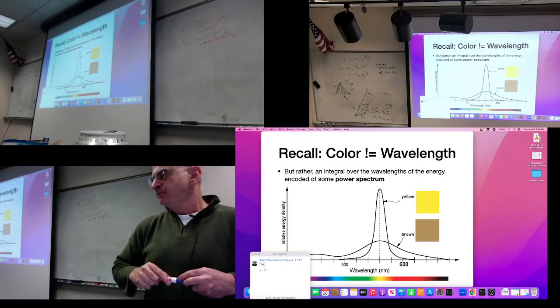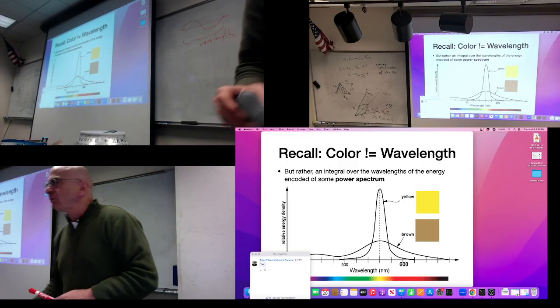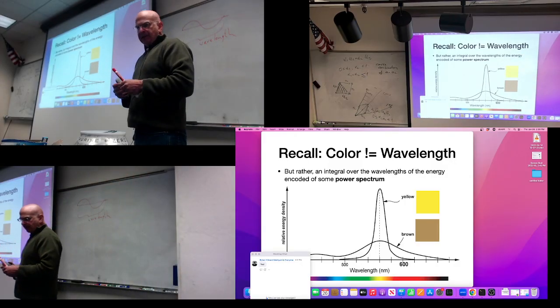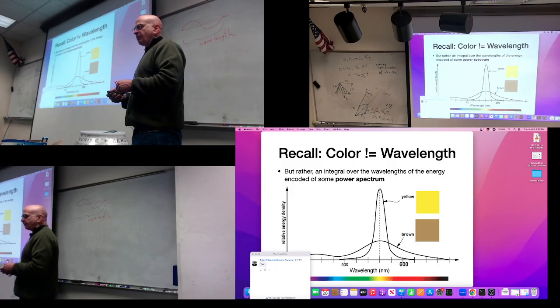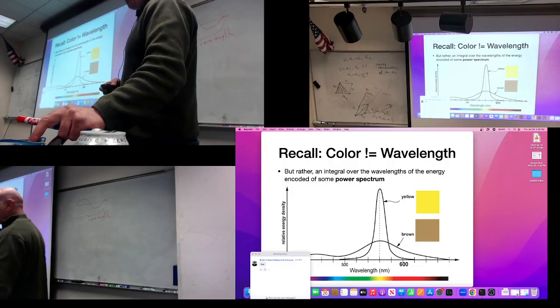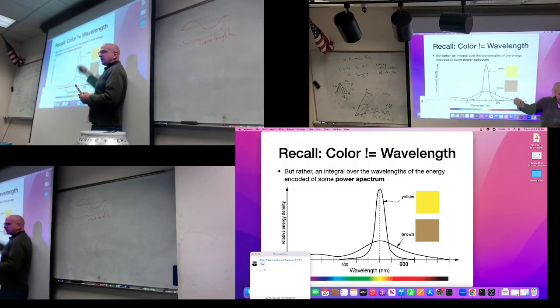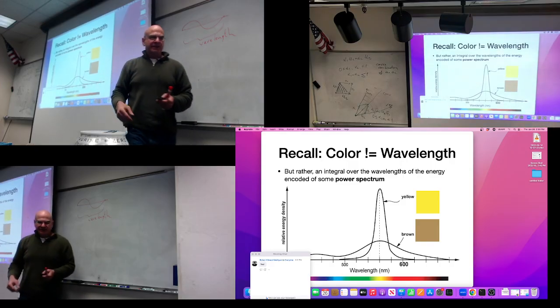We can refer to a wavelength and say that's its color, but usually when we say color, we mean some combination of wavelengths. Yellow will be the addition of several wavelengths.